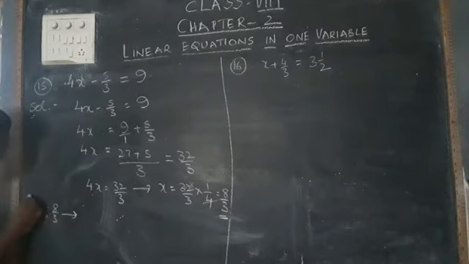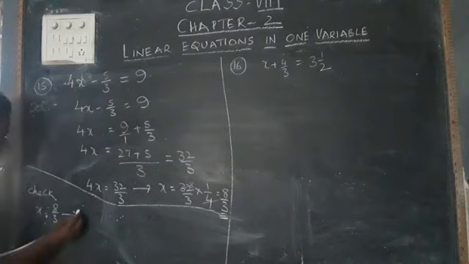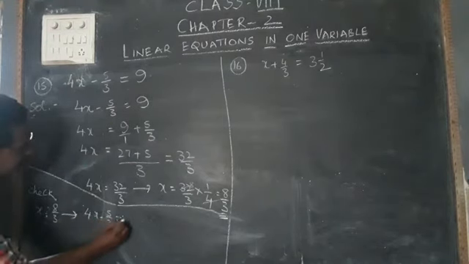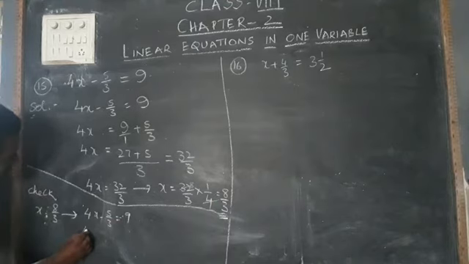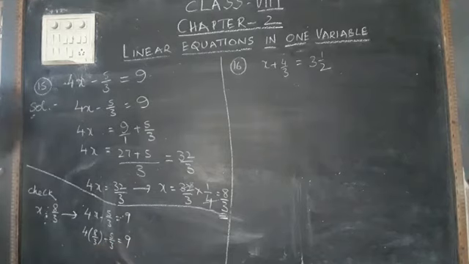We have to substitute. 4x minus 5 by 3 is equal to 9. So 4 into 8 by 3 minus 5 by 3 is equal to 9.